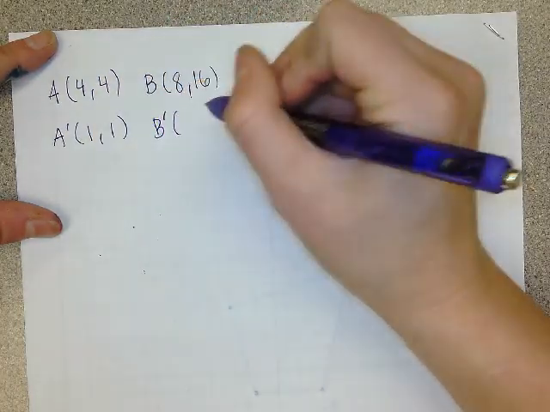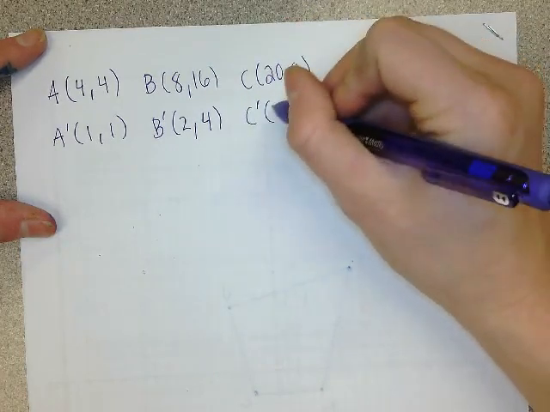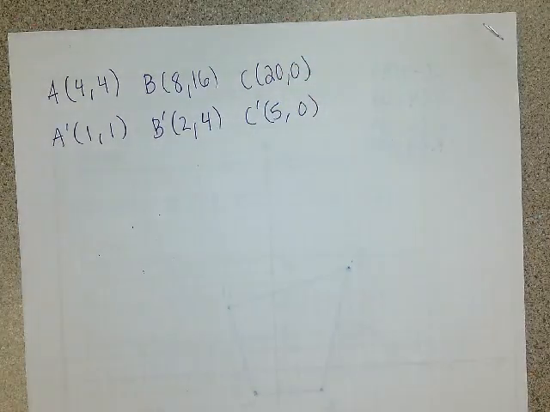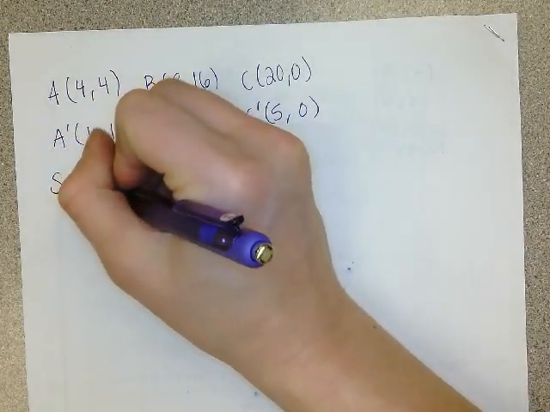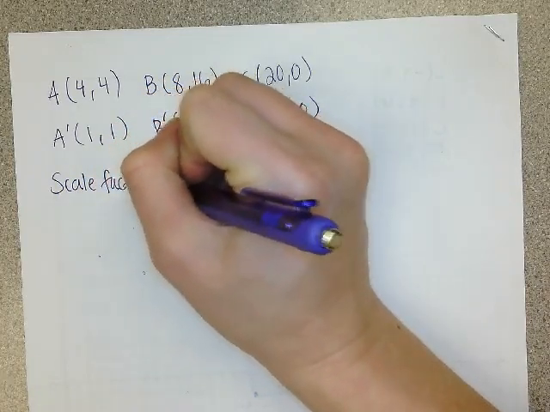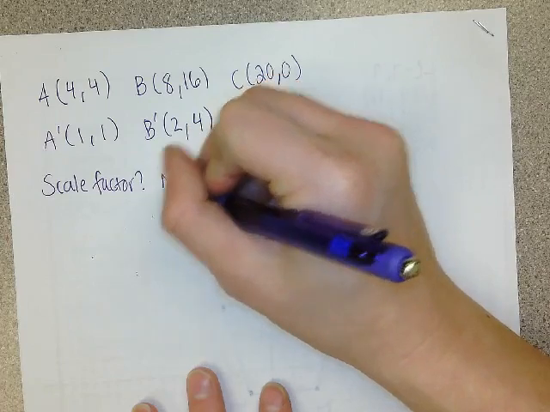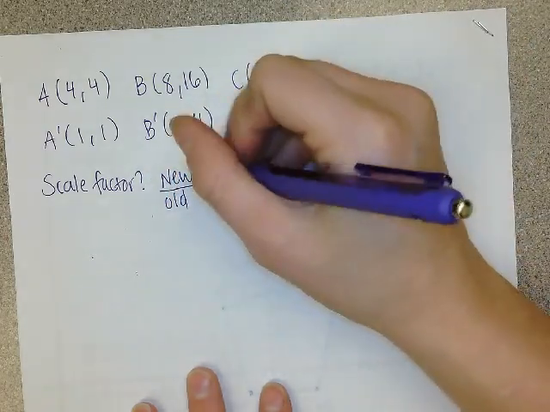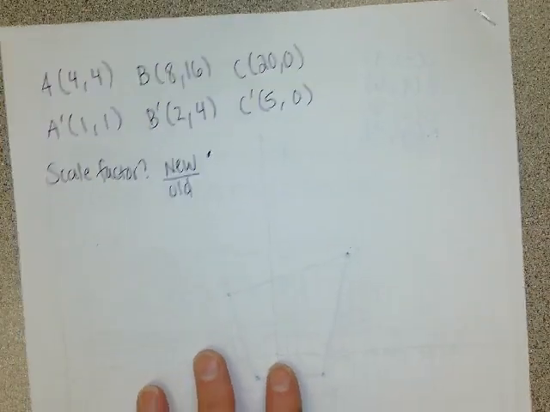B prime is 2, 4, and C prime is 5, 0. Remember, to do the scale factor, you have to put the new over the old. That means you're going to put the prime over the not prime.